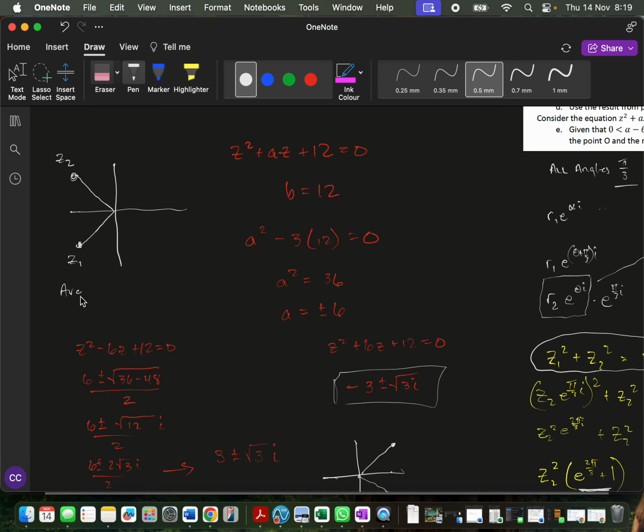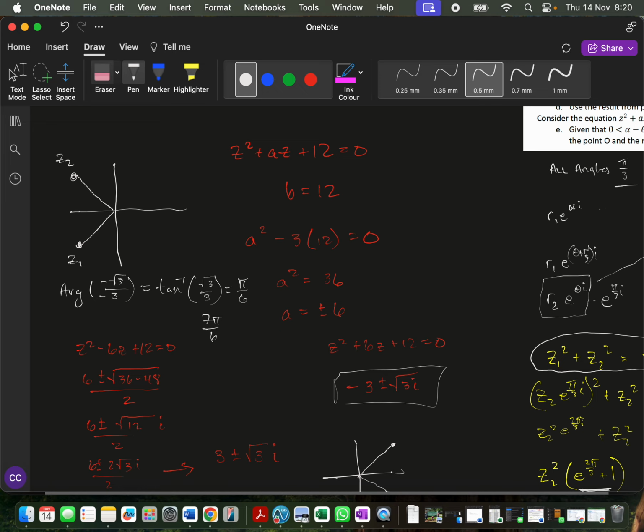So the argument of that would be the arctan of negative root 3 over negative 3, which is the arctan of root 3 over 3, which would be pi over 6. But we're in the third quadrant, so it's actually going to be 7 pi over 6.